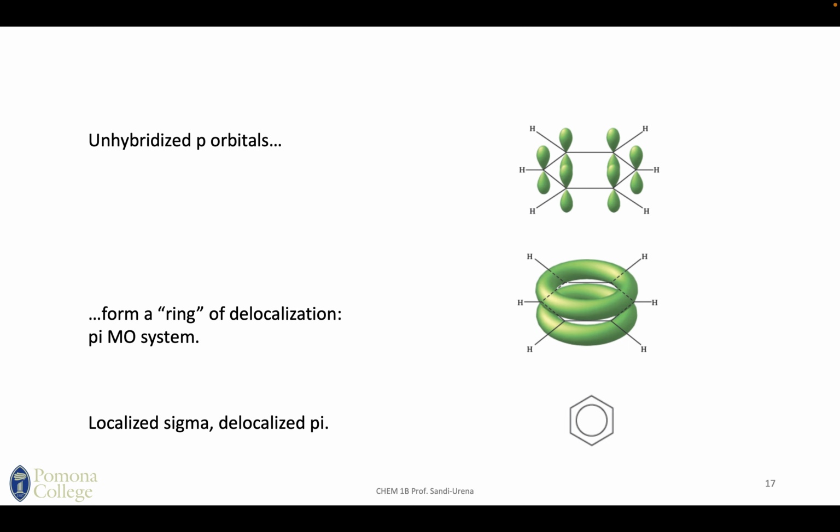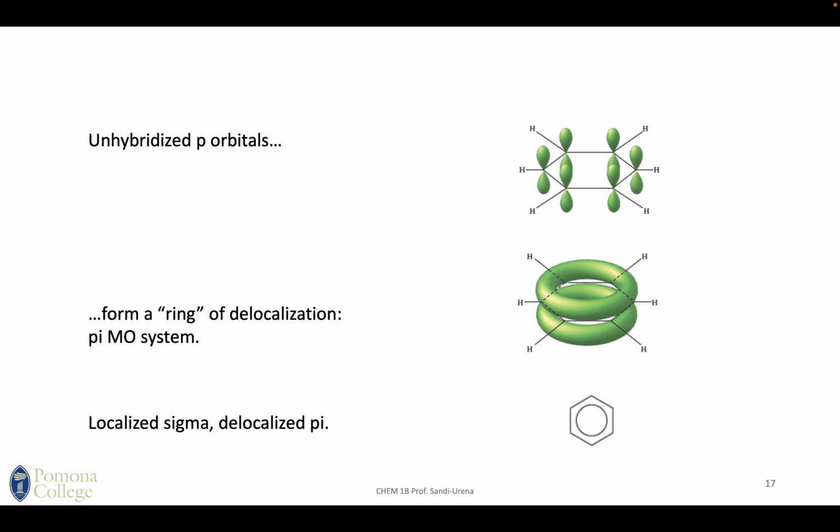We don't show here the actual size of the p orbitals because that would be too crowded. So we thin them a little bit, but they are thick enough so that they overlap with the p orbitals of adjacent carbons, and they form this kind of ring, a ring above and below the plane of the molecule.